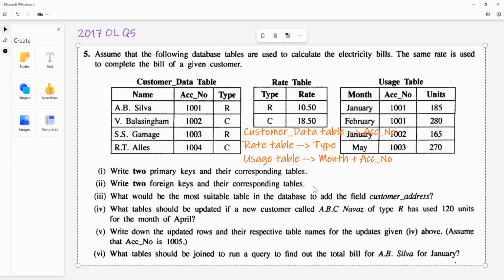Good point. So account number connects to the account number in the usage table, which is not the primary key. So account number is not a foreign key. What about type in the customer data table?